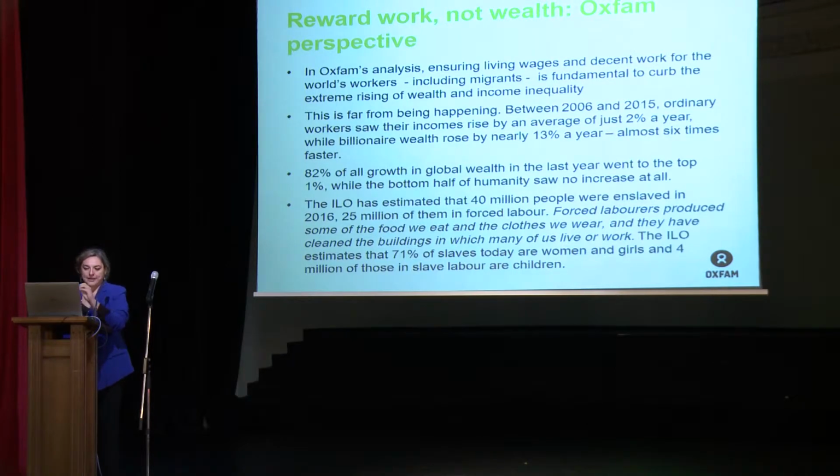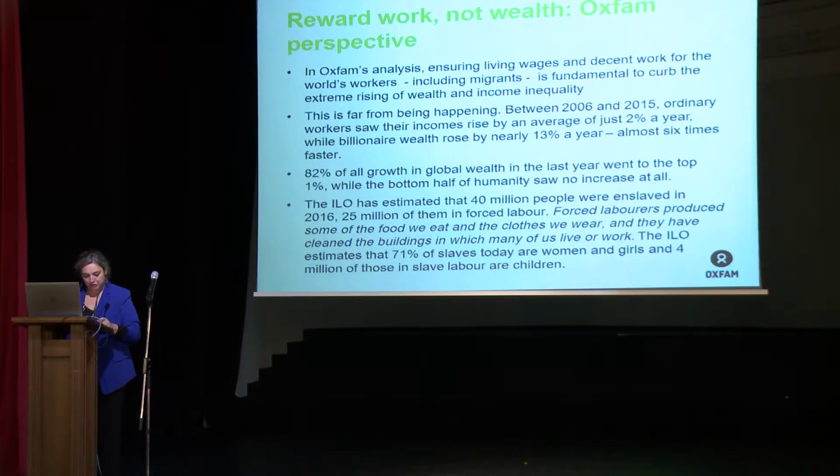So this data shows us that while the world's wealth is increasing, most of it, and most of the world's rising income, goes to those at the top of the social and economic ladder, and does not go into the hands of people that actually work.